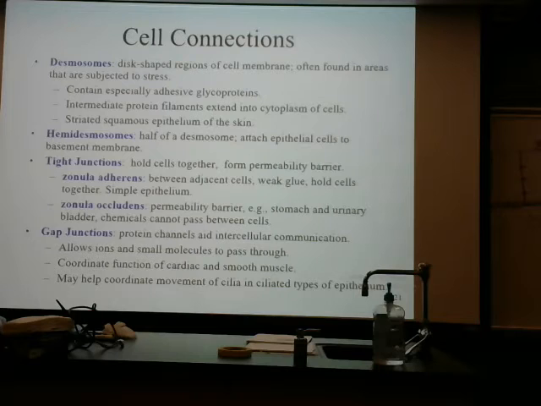Materials are going to have to either make it across the cell, or if possible, make it between. Chances are, based on the junctions that are present, that will not happen. So, materials will most likely have to pass across the cell.